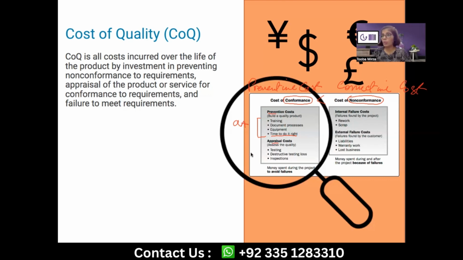At times, mentoring, coaching, speaking with the people helps you in understanding where they are struggling or where they are lacking, which is again a mechanism of keeping a healthy check and balance. So appraisal cost is a type or head of cost of conformance, where you are actually implementing the verification mechanism.